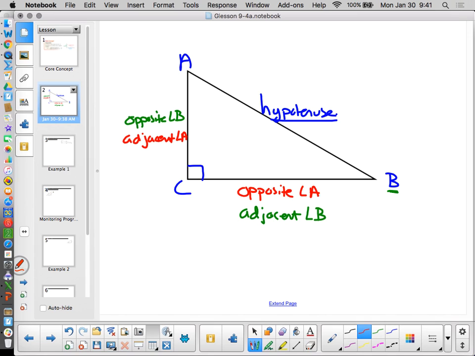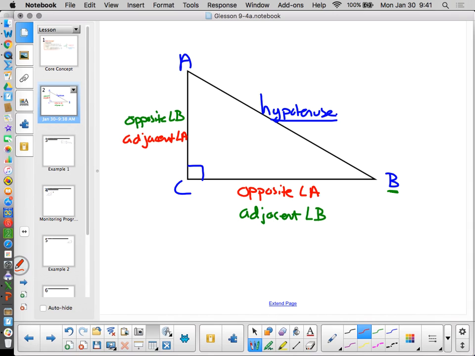So basically, whenever we're doing a trig function, whether it's tangent, which we're going to learn about today, or sine and cosine, which we'll learn about later on, we always have to establish a frame of reference before we can even begin. And the frame of reference is one of our angles. So I'm either going to be talking about angle A or angle B, one of our acute angles.